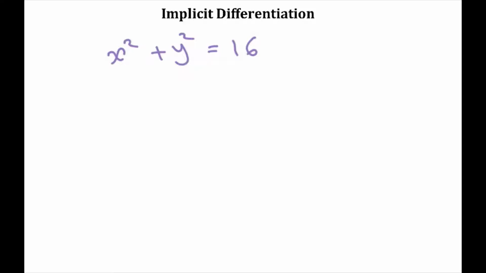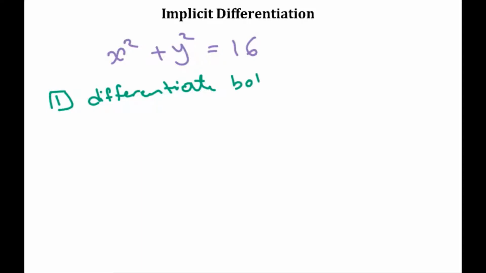So in this case here, let's learn the most important steps to solve by using implicit differentiation. So the first step basically is to differentiate both sides with respect to x.